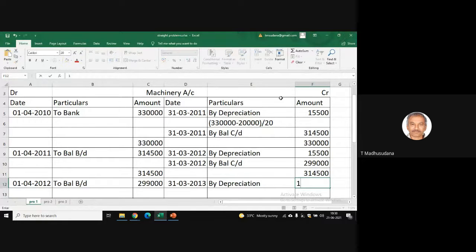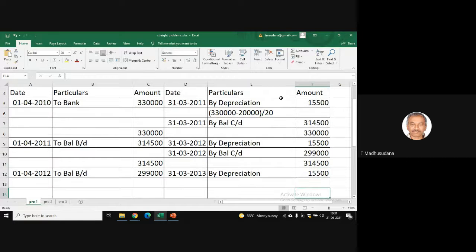Same amount, 15,500. No other entry. The total 2,99,000.